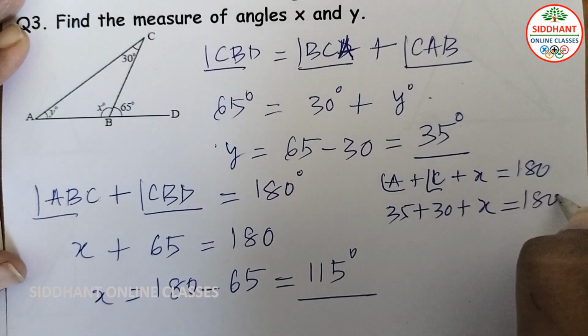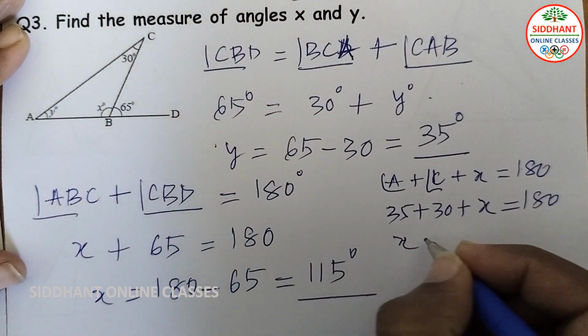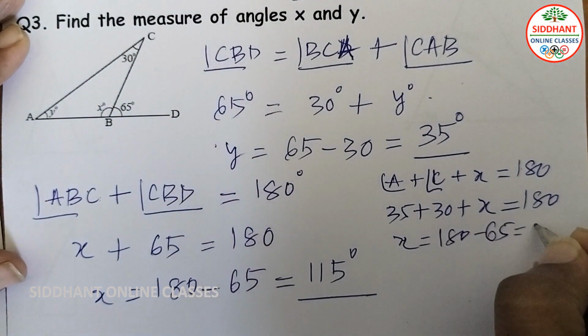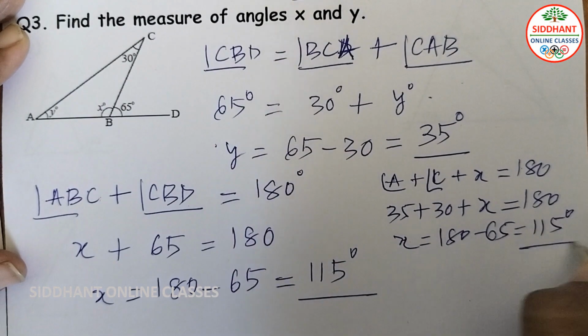So angle A is 35, angle C is given as 30, and X is to be found; the sum will be 180. Then X is equal to 180 minus 65, that will be equal to 115 degrees. In this way we can also find the X angle here.